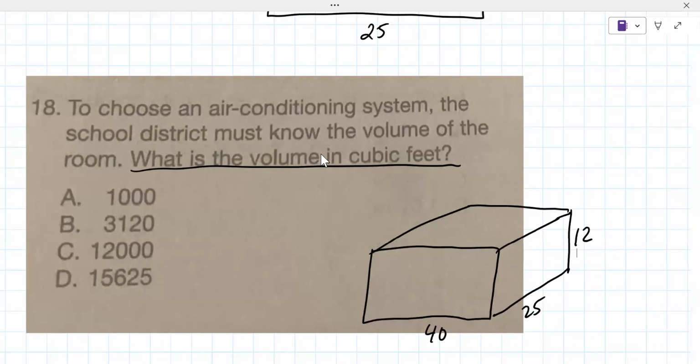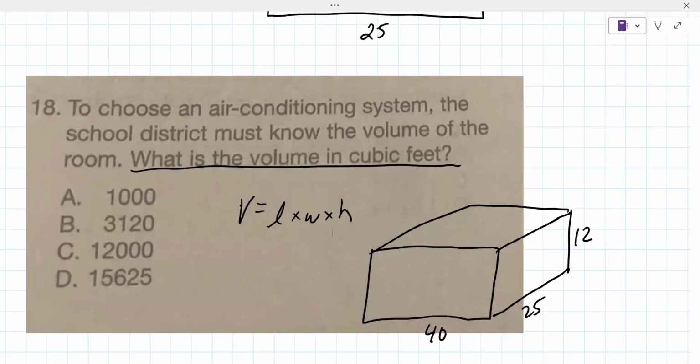Volume of a box? A cube? Well, it's not a cube. In a cube, all the sides would be the same, but in this case, the sides are different. So the formula for volume is length times width times height.